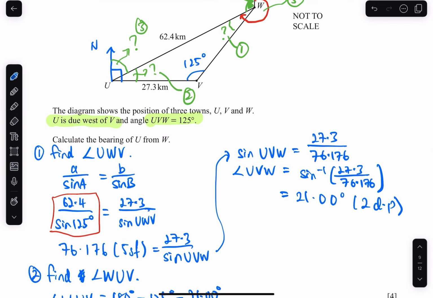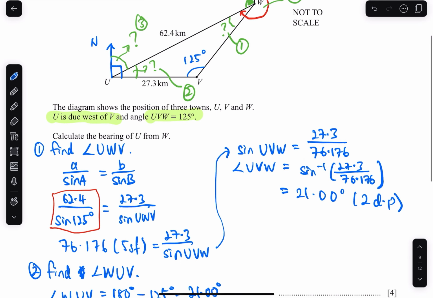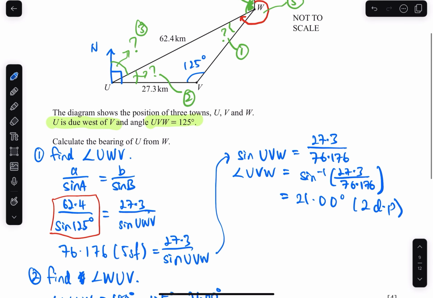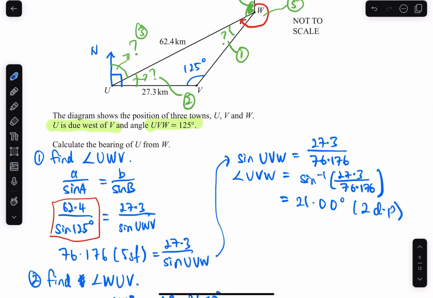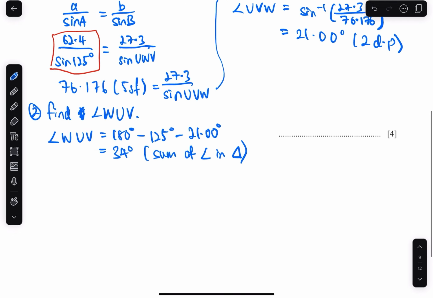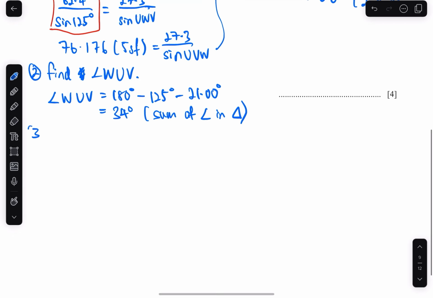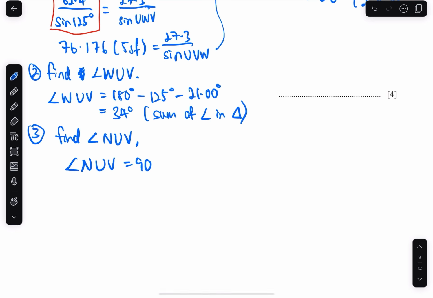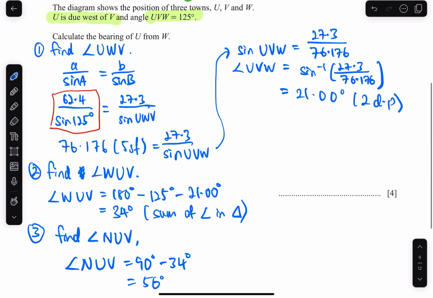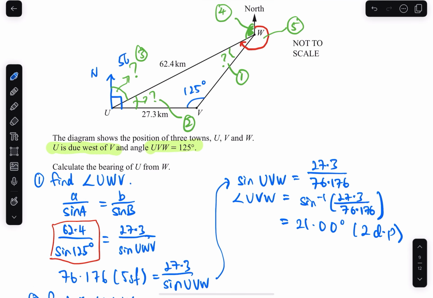Now I need to find angle number 3. Let's label it as NUV, since I have the north there. Step 3: find angle NUV. It will be 90 degrees minus 34, which gives 56 degrees. Let's label the diagram with what we have: this is 56 degrees. Now let's find angle number 4.